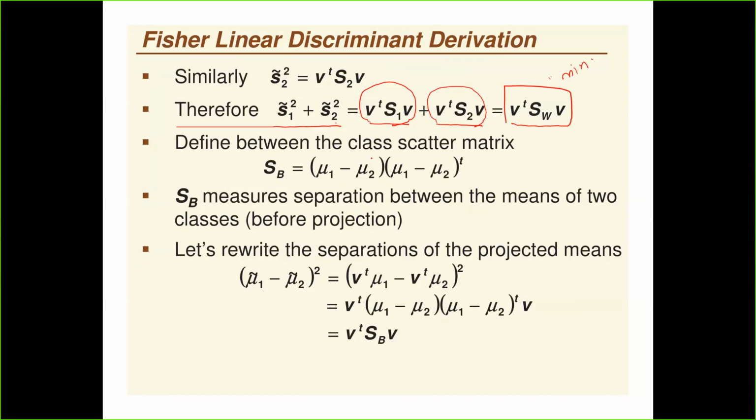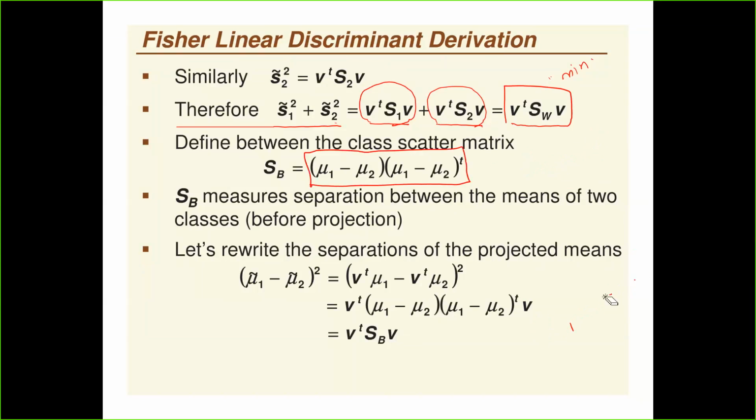And between class scatter, which is basically this mu1 minus mu2 whole square, can be written as mu1 minus mu2 times mu1 minus mu2 transpose, which is between class scatter. Between class scatter means the distance between the means. This we want to maximize.